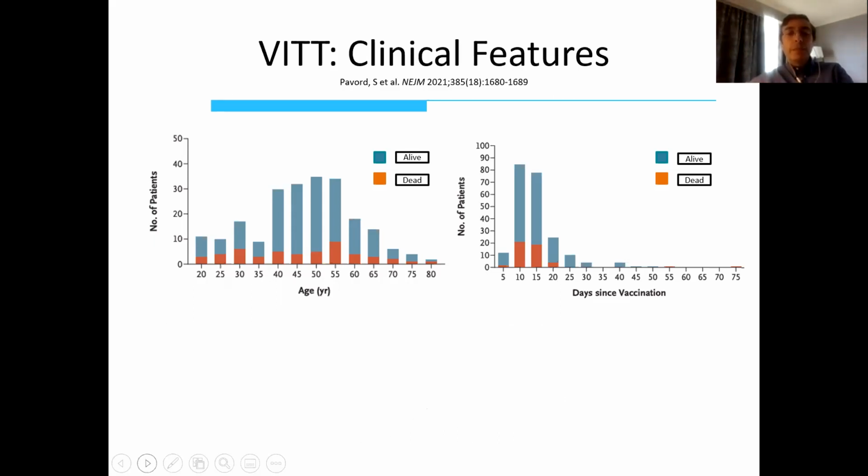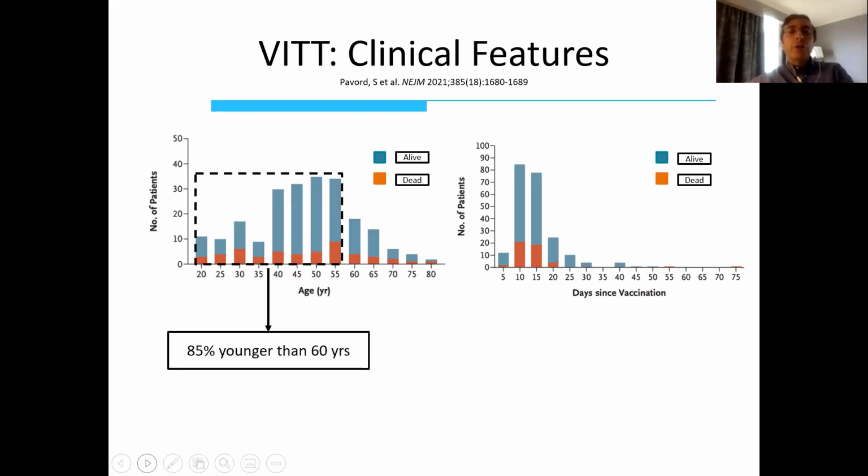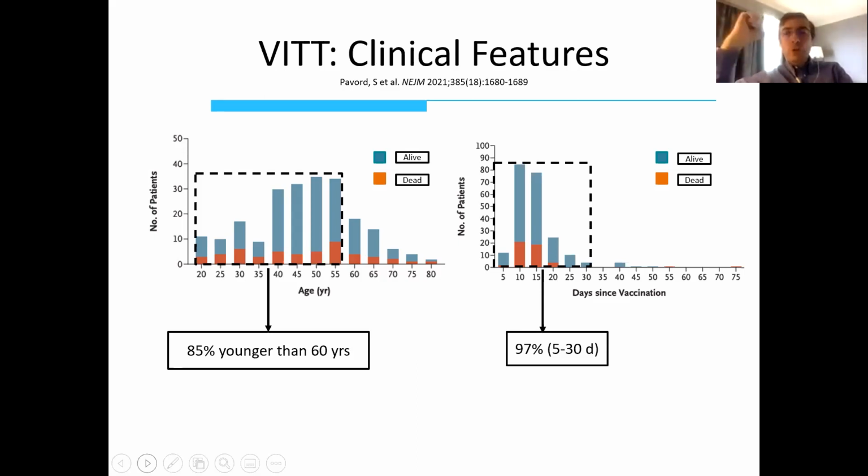Next slide, please. Another way of looking at it is that 85% of the patients that presented were younger than 60 years of age. And next slide, please. 97% of patients with definitive or probable VITT, which are the two higher categories, presented after a maximum of 30 days post-vaccination.